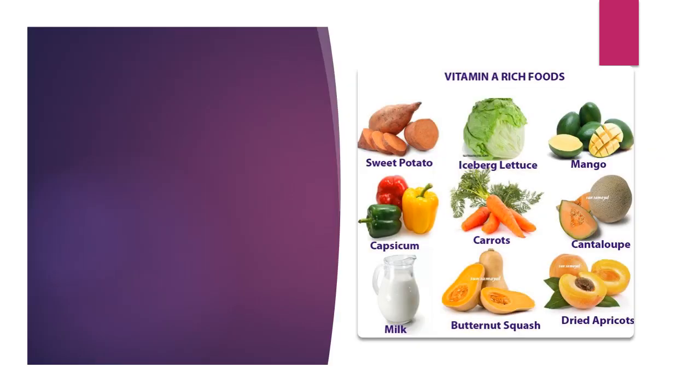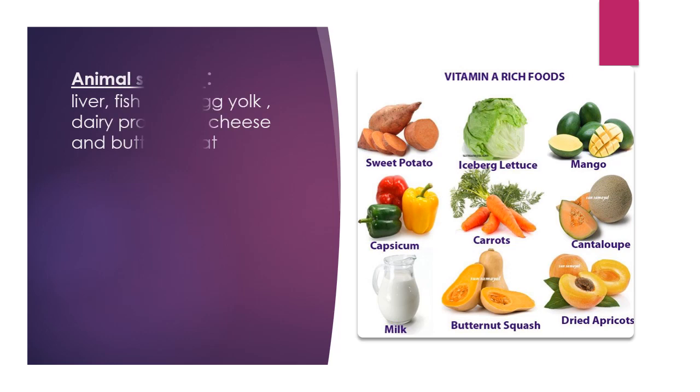Look about the sources of vitamin A. There are two kinds of sources. Look about the animal sources: liver, fish, egg yolk, dairy products, cheese, butter and meat. These are the animal sources.